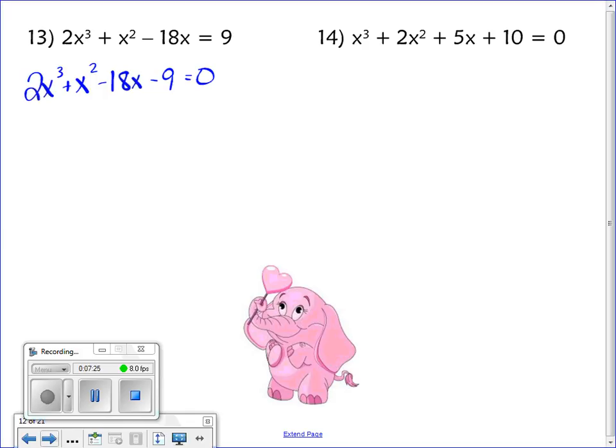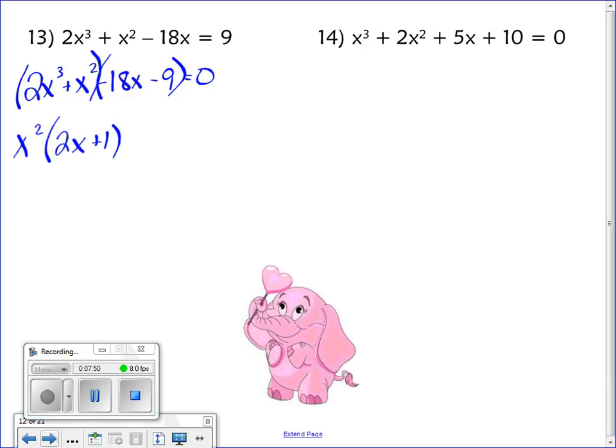Is there a GCF in the whole thing? No. Okay, so we don't got to worry about that. All right, so group the first two. Group the last two. GCF in the first set, x squared. What's left? Not just x plus 1. 2x plus 1. That's right.